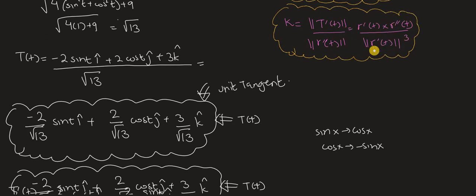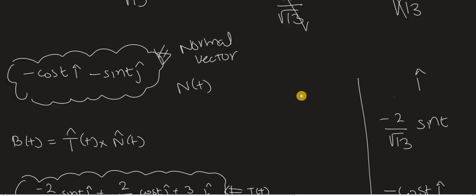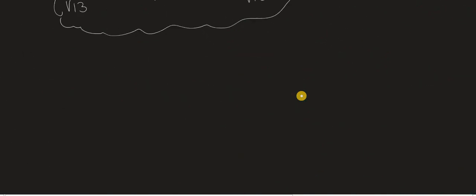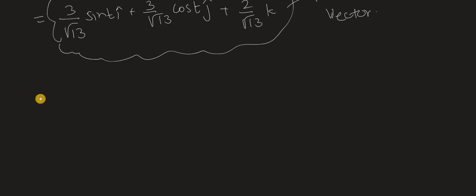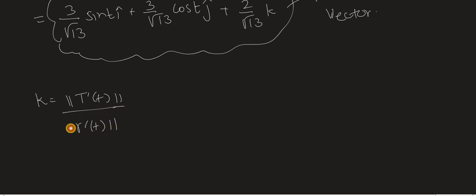And if you want to know how we find it using that formula, I have made a video on that. You can check that out. Okay, so let's move on. So we are calculating the curvature, kappa. The equation to find it is the magnitude of the derivative of the tangent vector over the magnitude of r prime of t.